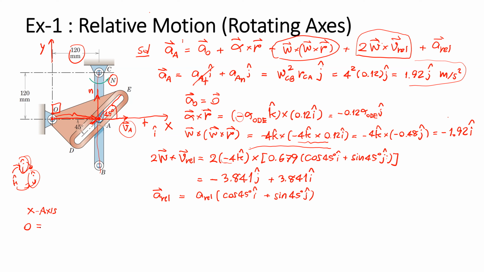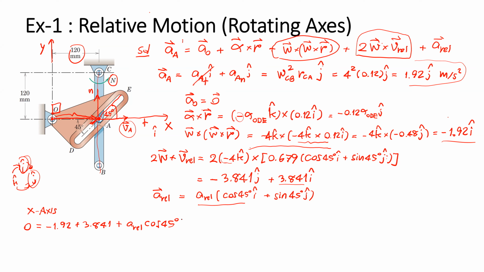For the right-hand side, in the x-axis, we have minus 1.92, and we have 3.84, and we have the relative acceleration multiplied by cosine 45 degree.